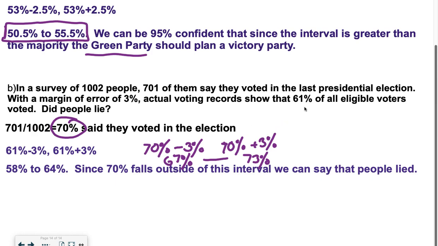So I'll fix this in the notes, but this should be the interval. 61% does not fall in this interval, which was the actual number of people. So they did lie.